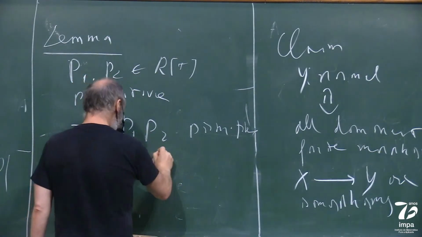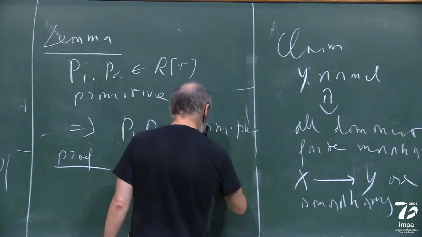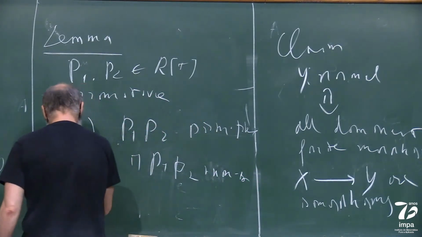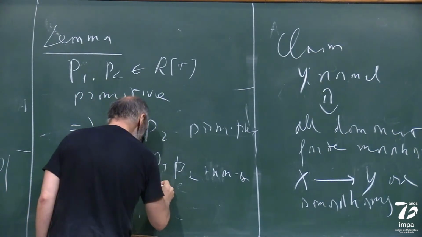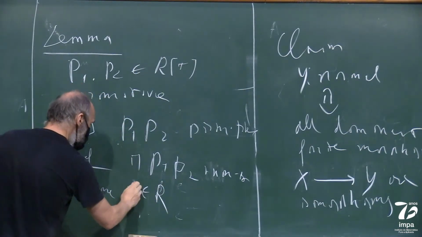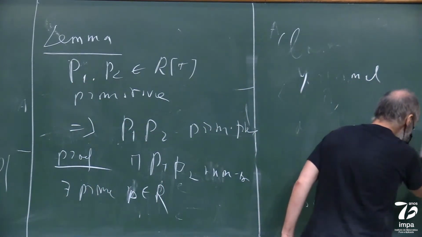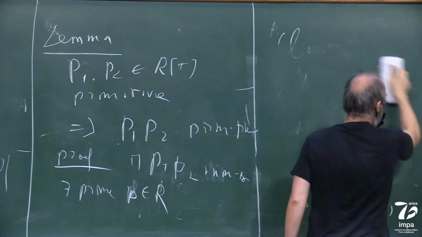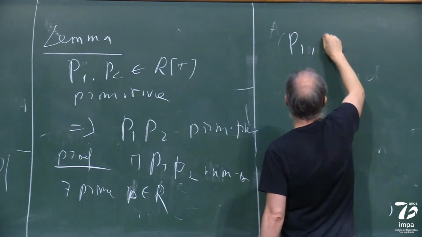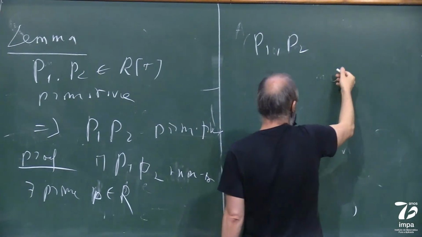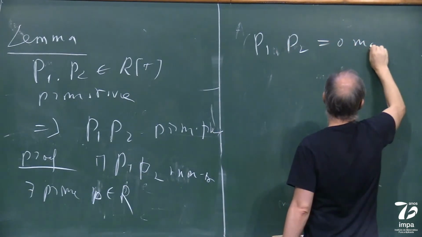If P1 P2 is non-primitive, there exists a prime p in R, this is a small p, such that P1 and P2 are primitive, so they are non-zero modulo p, but their product is equal to 0 modulo p.